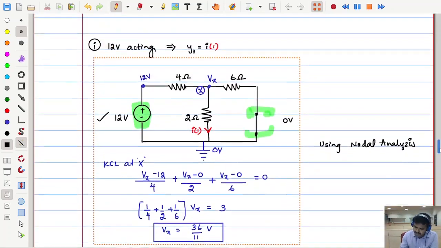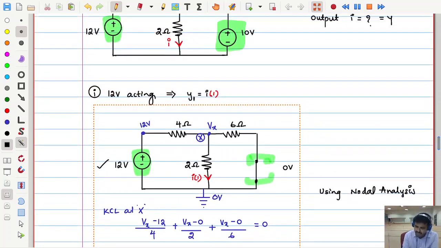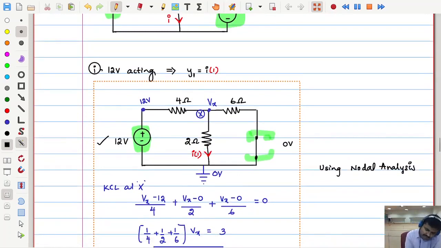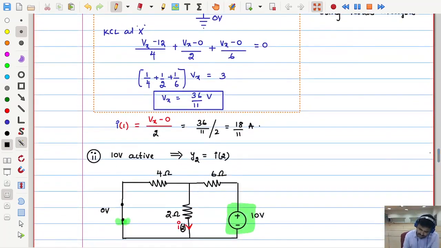Previously the output was Y1, which is equal to I of 1. If you want more precisely, this can be assumed as X1, and this can be assumed as X2, the inputs. When X2 is 10 volts, only this one is there, no other inputs. Then how much is the output? Y2, which is I of 2. This is just an assumption we are making.